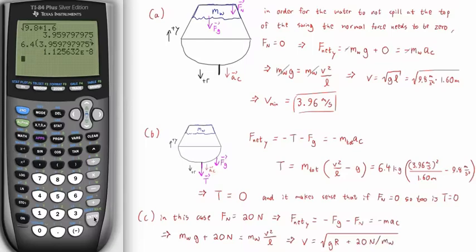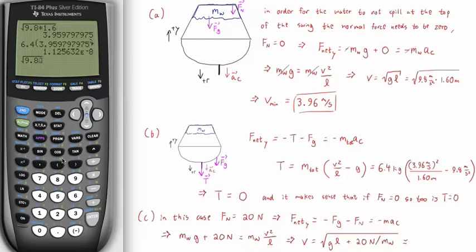Then it's just going to be the square root of g L plus 20 newtons divided by the mass of the water. And I'll show those values in the calculator, and then we'll put the answer in. So if we open up the square root, we have 9.8, and this shouldn't be an R, it should be an L, because that's our letter for the radius of rotation.